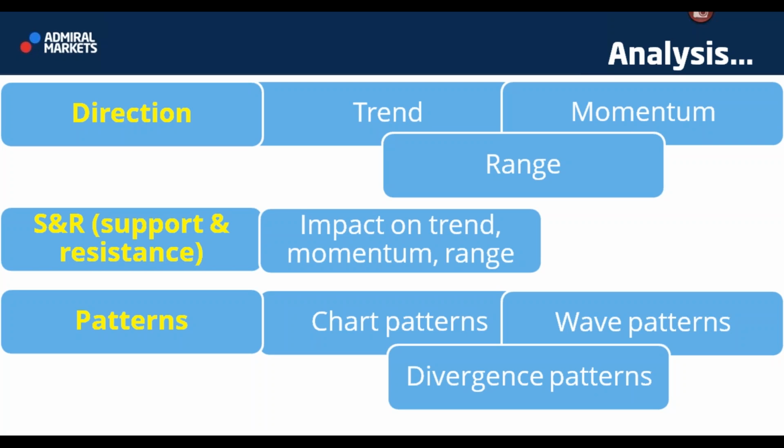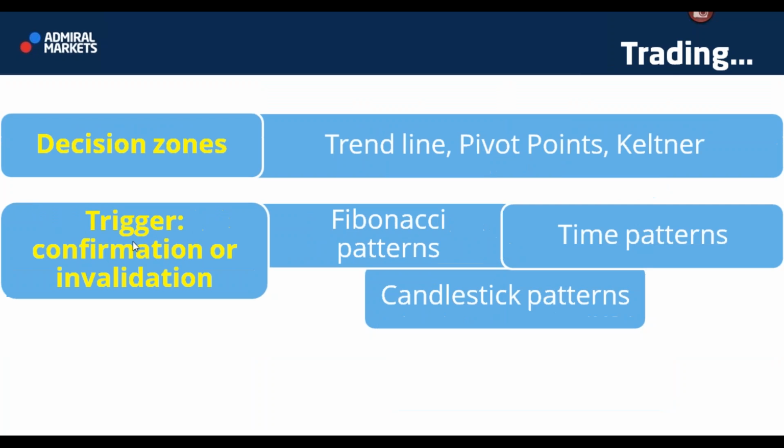That could be the same with a trend setup. Let's say the trend is showing no divergence, momentum is still strong, and there's a support level at the 50 fib where price is about to pull back to, and we see a reversal chart pattern at that 50 fib. Then you've got a strong case for trend continuation.